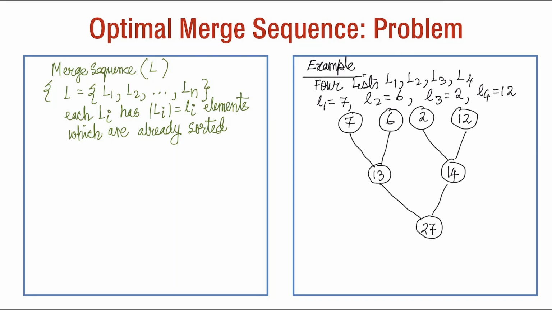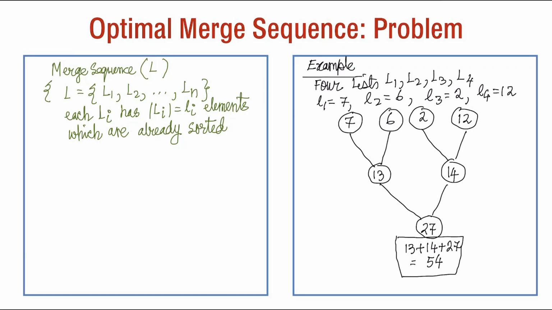So the total computation will be 13 plus 14 plus 27, which yields 54 comparisons.